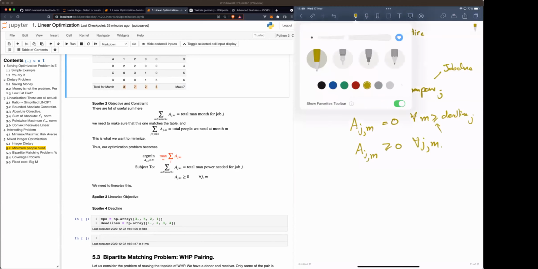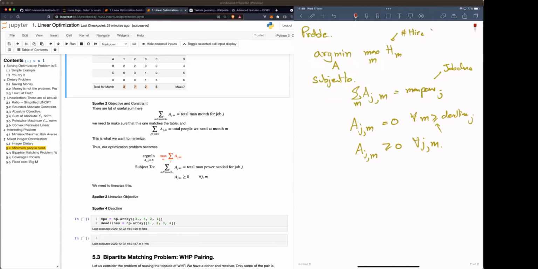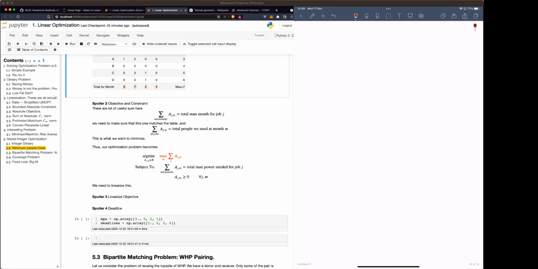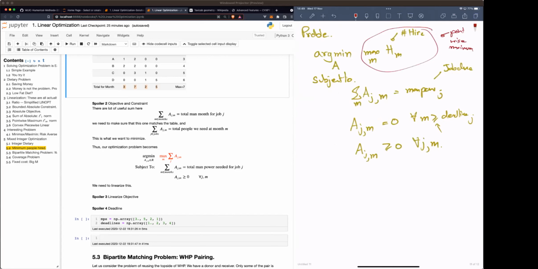This is called the pointwise maximum. So that means you are selecting the maximum from a whole bunch of numbers, for example, the maximum of 3, 7, 2, 5. It's actually linear though, if you think about it.